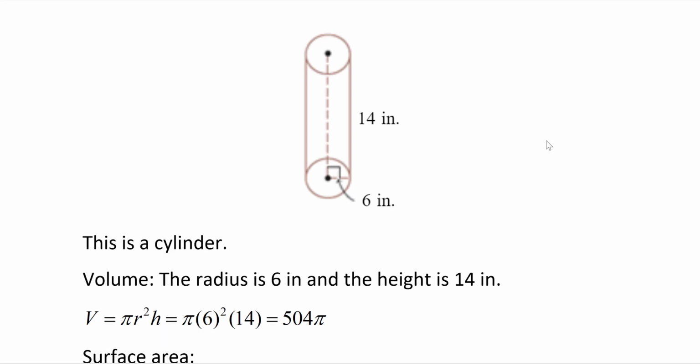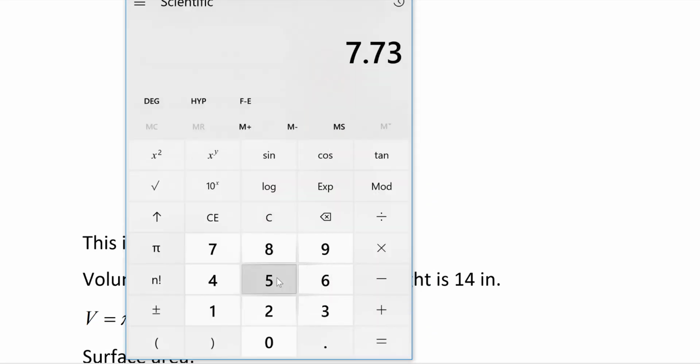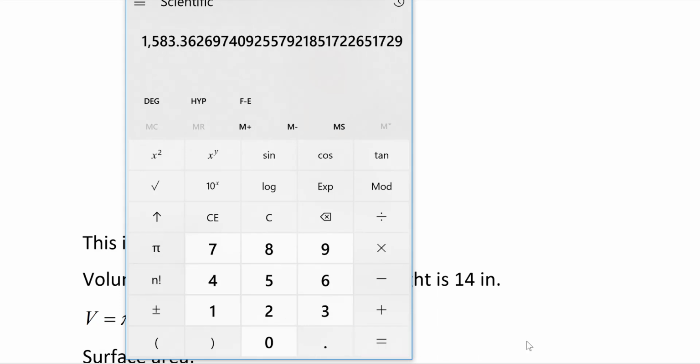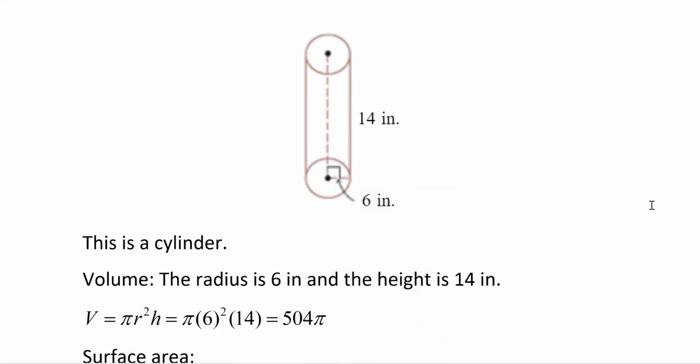Formula for volume equals pi r squared h. R is 6, so we put the 6 in and the 14, and I went ahead and simplified this, and I'm going to take 504 and multiply by pi. So I get 1583.36.